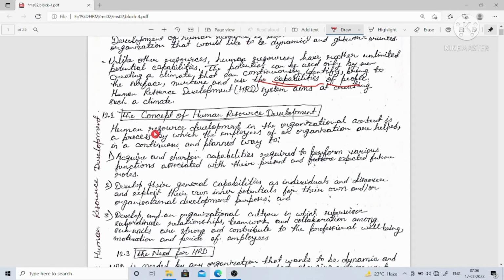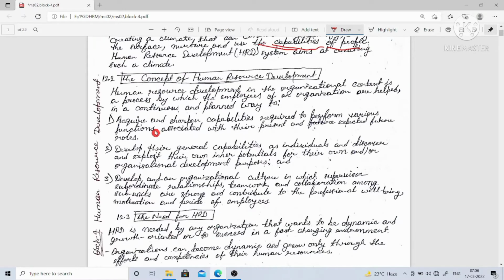The concept of human resource development is given. Human resource development in the organizational context is a process by which the employees of an organization are helped in a continuous and planned way.